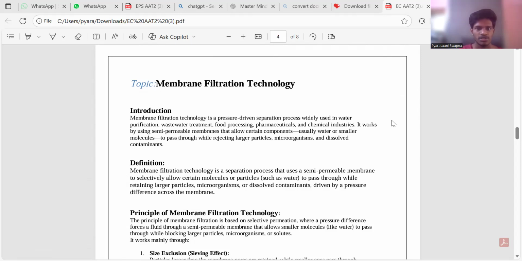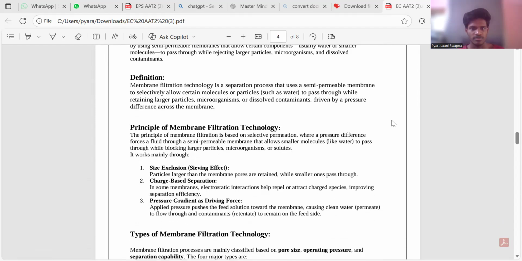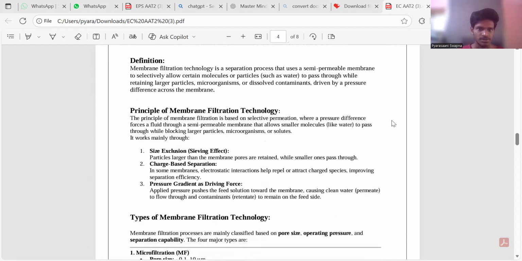Membrane filtration technology is a separation process that uses a semi-permeable membrane to allow certain molecules or particles to pass through while retaining large particles, microorganisms, or dissolved contaminants, driven by the pressure difference across the membrane. Principles.